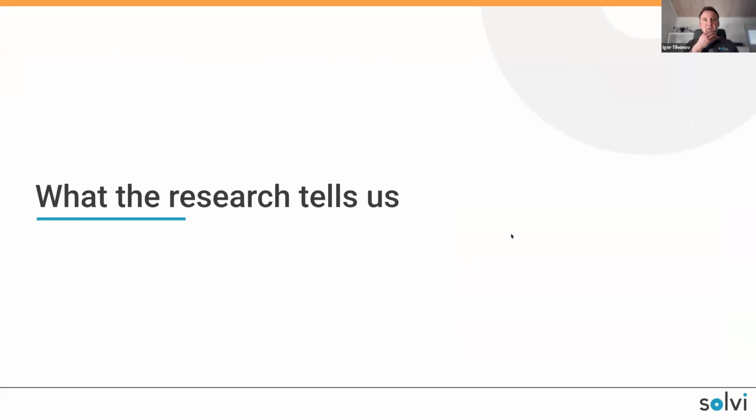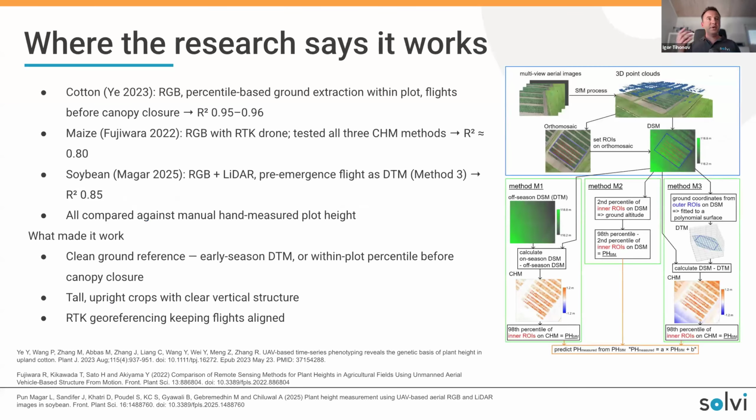And then I would like to mention a few words on what the research tells us, how accurate these drone-based height measurements can be. First, a few papers here came to the conclusion that it can be quite accurate. Here they tried different crops, cotton, maize, and soybean, with different methods, the ones that I described before, and some even used the LiDAR method.